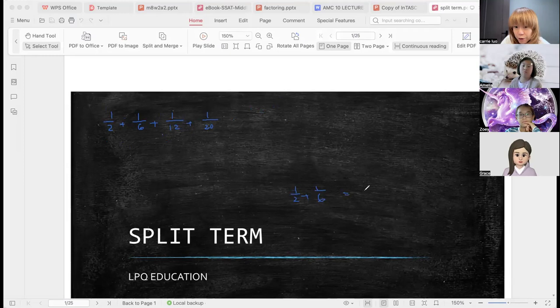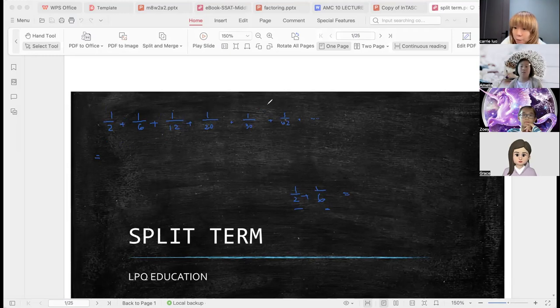So the first thing first, everybody is doing what? Find the lowest common multiple for these two numbers and do that, right? But what if I give you even more, 1 over 30 plus 1 over 42 plus a lot of terms, how are we going to calculate something like that?